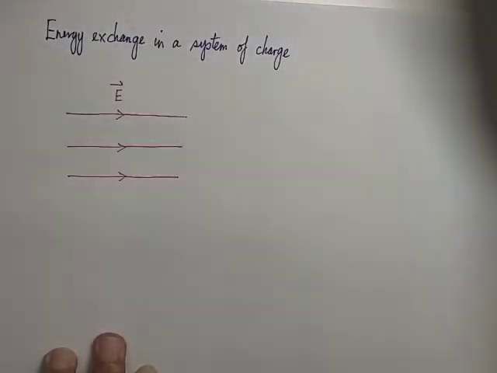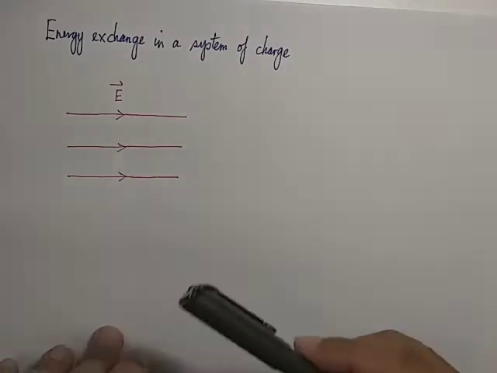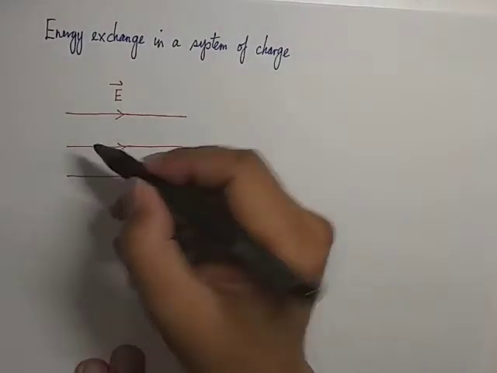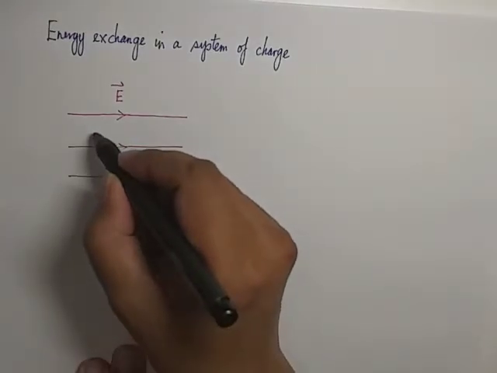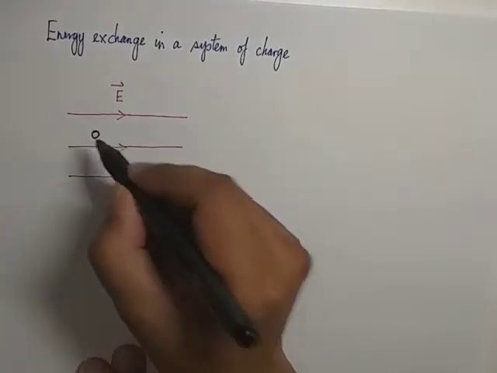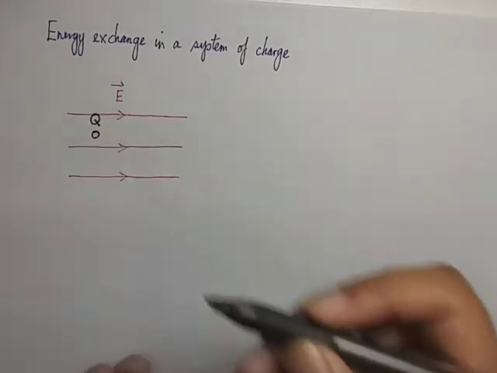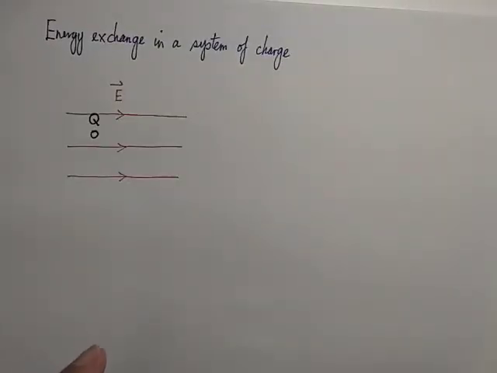So the issue now, if I throw into the system or the space here a charge, and to make it specific, we call it a point charge. So let's say we throw a point charge Q into this space.